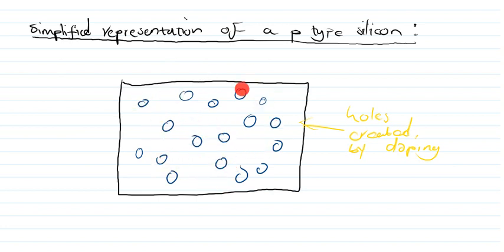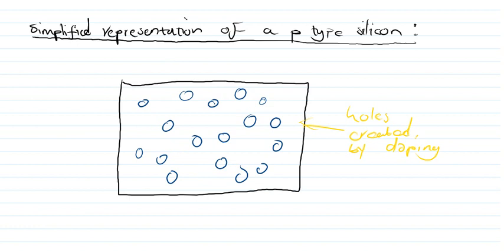Just because it contains the boron impurity, the number of holes in the silicon crystal has now increased, and this increase in holes increases the conductivity of the silicon. And yeah, I think that's all, guys.